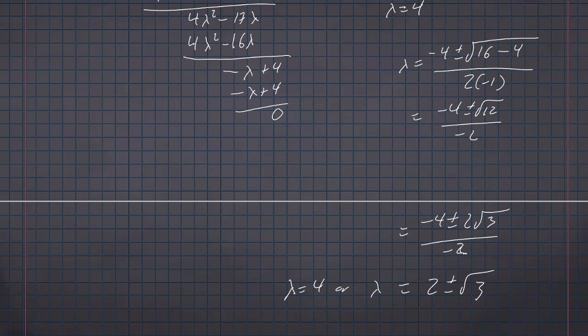I get lambda equals 4, lambda equals 2 plus the square root of 3, and lambda equals 2 minus the square root of 3 as the 3 eigenvalues for this particular matrix.